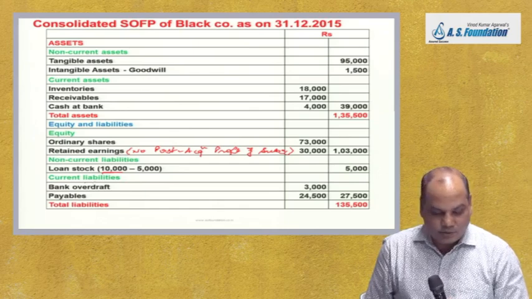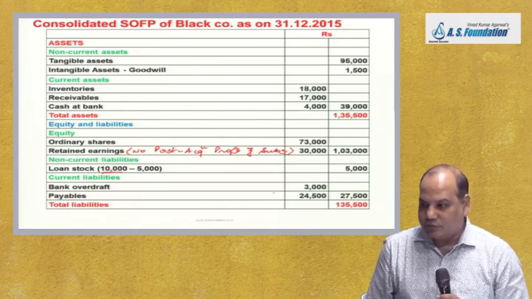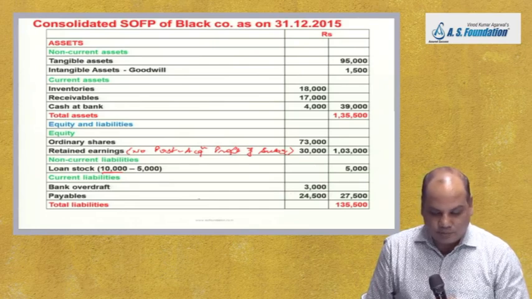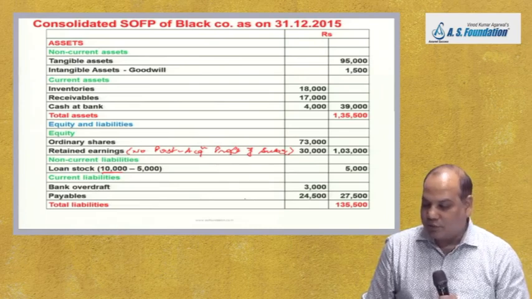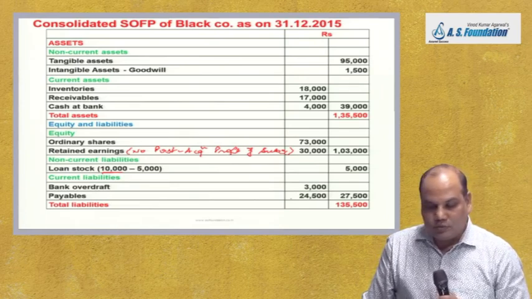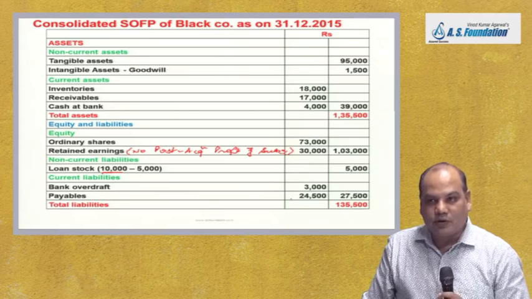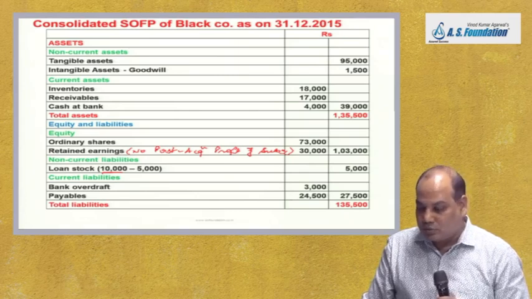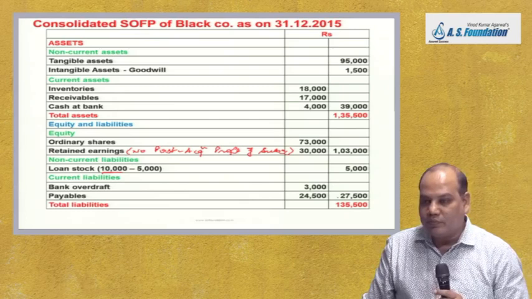Under current liabilities, write down bank overdraft 3,000. Trade payable. Add 14,000 plus 10,500, 24,500. Correct?